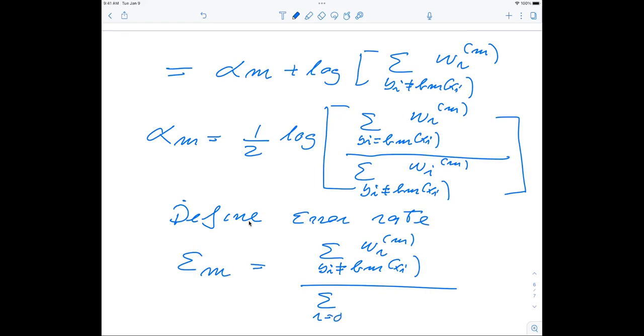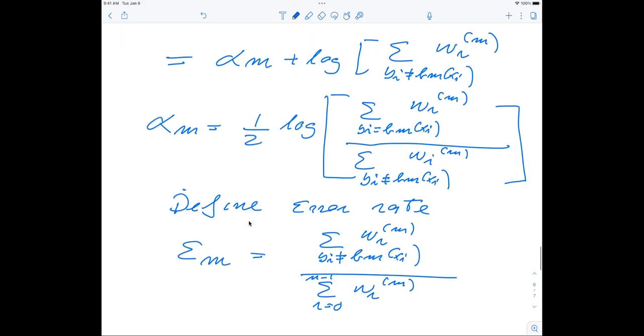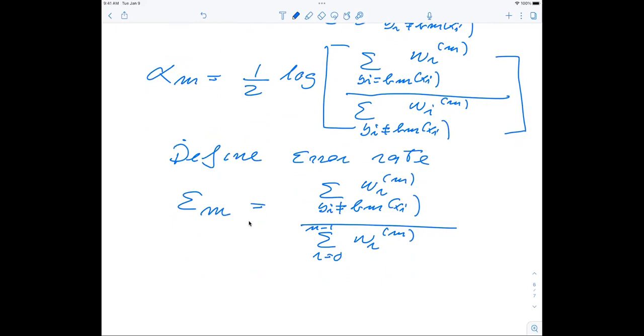So I would have i from 0 up to n minus 1, and then I have wi of m. So in the first iteration, we are going to give a weight which is equal to all observations. And that's simply given then by what we might call a uniform distribution, 1 over n.